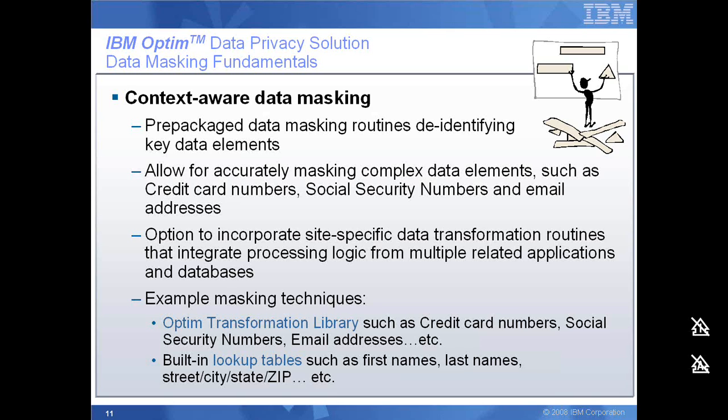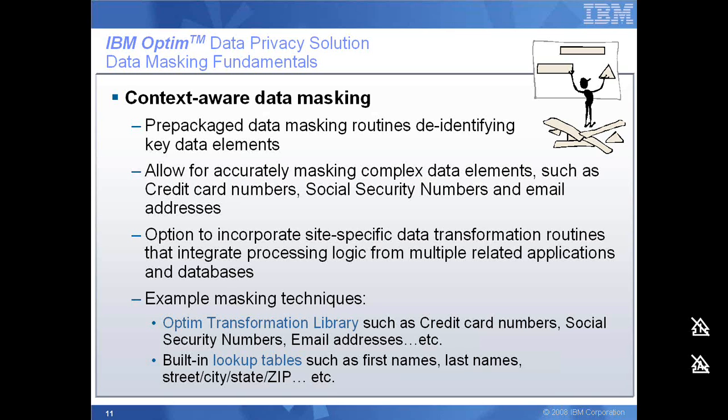Optim has got what is called the Optim Transformation Library, which has got a huge repository of credit card numbers, social security numbers, email addresses, first names and last names, and you can even customize it to particular credit card companies. For example, you have got credit card numbers specifically for Amex, for American Express, for Master, for Visa.